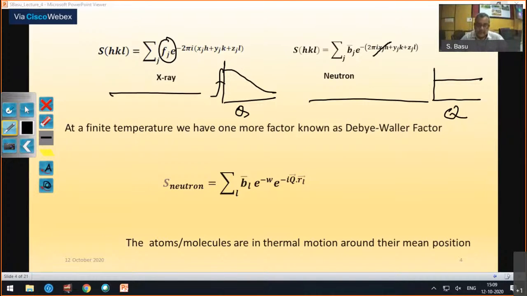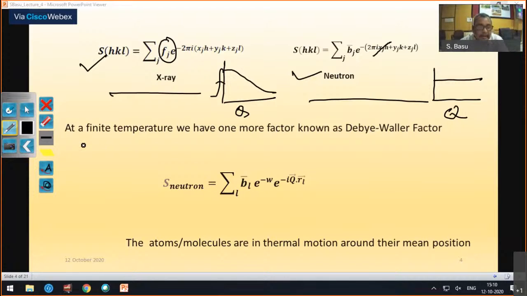So with this, now let's consider a finite temperature. These expressions are true for an experiment at 0 degree Kelvin. There is no motion. But now let me bring in the motion in crystal diffraction.